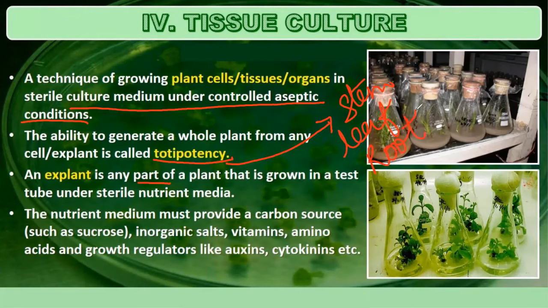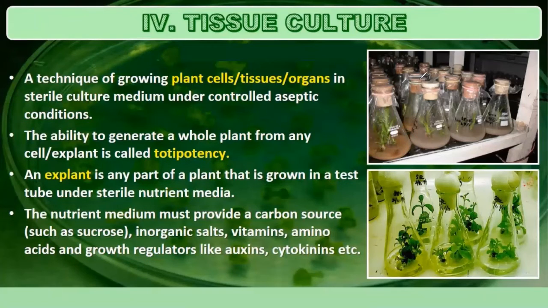When an explant is grown in a test tube in sterile nutrient medium, it will give an entire new plant. A nutrient medium must provide a carbon source, for example sucrose, inorganic salts, vitamins, amino acids, and growth regulators like auxin, cytokinin, etc. for better growth of the plants.